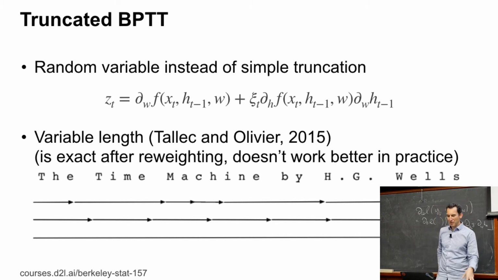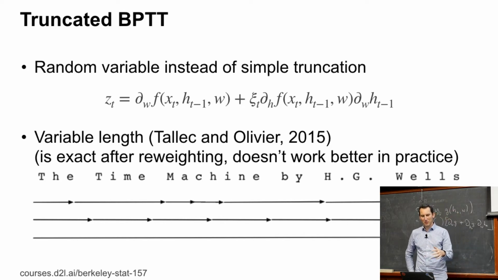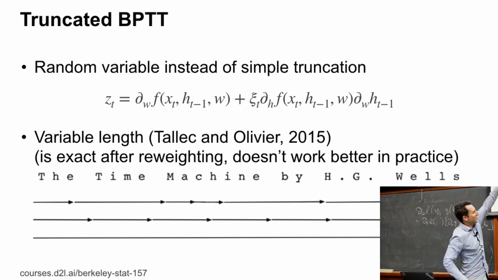Basically, in my recursion, I have a random variable that's 0 or 1 over 1 minus p, right? And therefore, with some probability, I just stop, because once this random variable psi t is 0, that recursion stops.